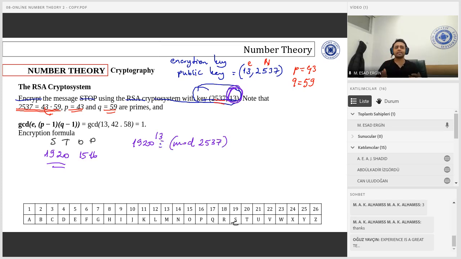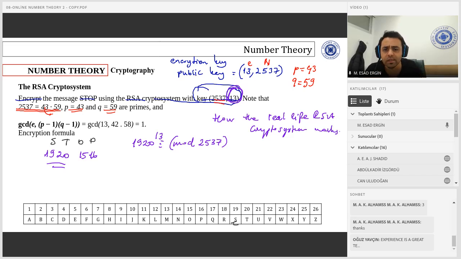Actually, this is how the RSA crypto system works in real life.